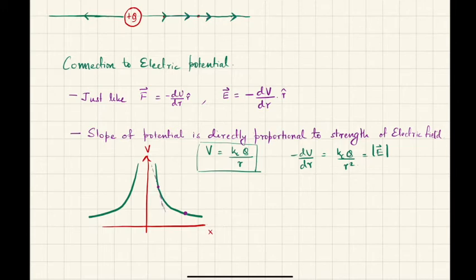I draw a tangent line along that. This has some large negative slope, and let's compare that to the slope at the point over here, and this has a much smaller negative slope. So here the electric field is going to be large, and this is going to be a smaller electric field.